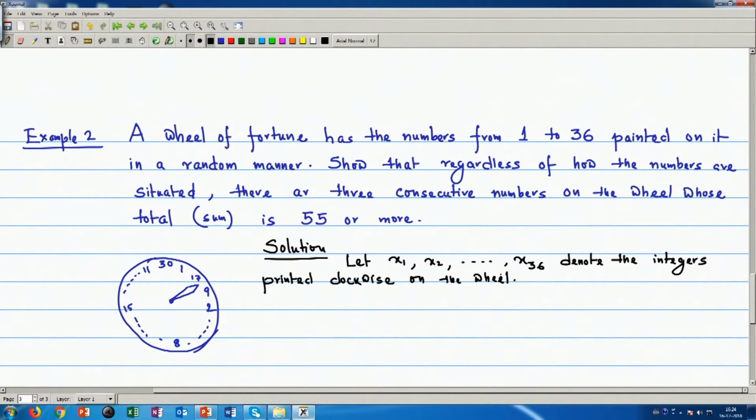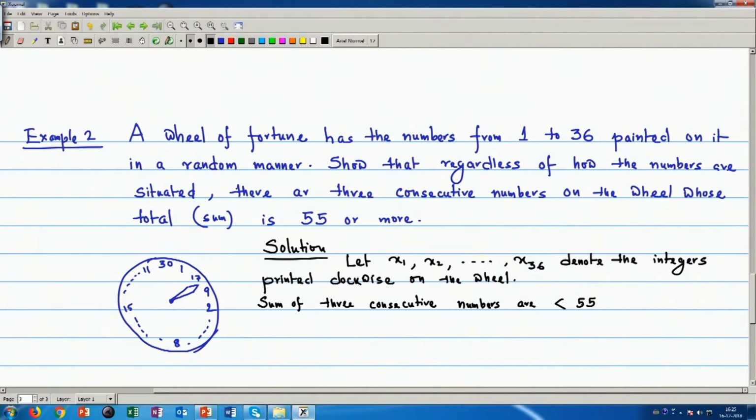Since we have to consider the sum of 3 numbers, we first assume that the result is false, that means the sum of 3 consecutive numbers is less than 55. Why?